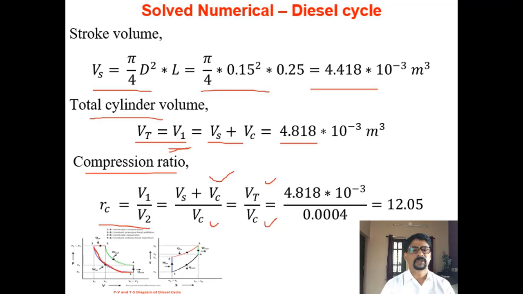Just to make you understand that there are different ways to write this Rc. V1 is Vs plus Vc, and V2 is Vc. Vs plus Vc is nothing but Vt. If you substitute and simplify, you will get the compression ratio as 12.05.